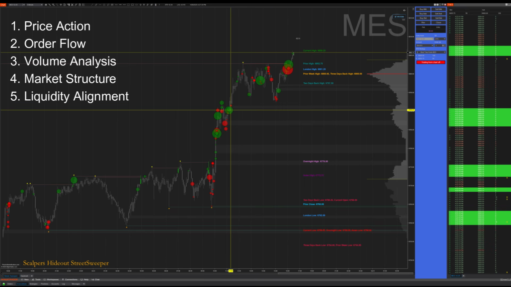And it shows you the point of control, the value area high, the value area low, and it is going to be operating off of visible range. So there's not a lot of settings in there. We tried to make this as simple as possible. And so whatever is on your chart is going to be showing in that volume profile.